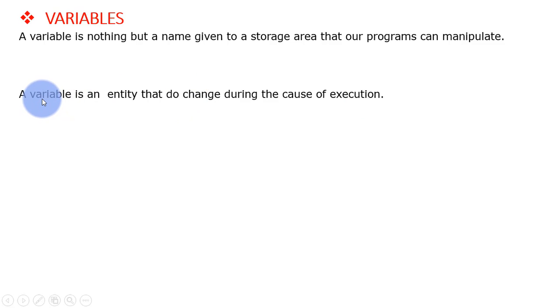For instance, s can take in the value of 3 and can also take in the value of 7 later in the program, like this: s is equal to 3 and s is equal to 7. That is a variable for you, any entity that can change during the course of execution. And a variable is just a name given to a storage area that our program can manipulate.